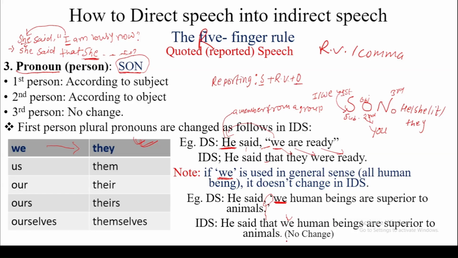So here no change will be there. Here we do not even change the tense, because this is a general truth. So in a general truth we do not change even the tense.